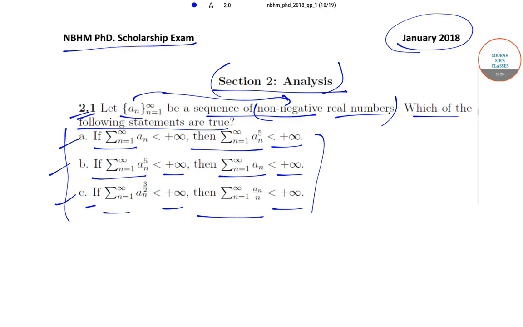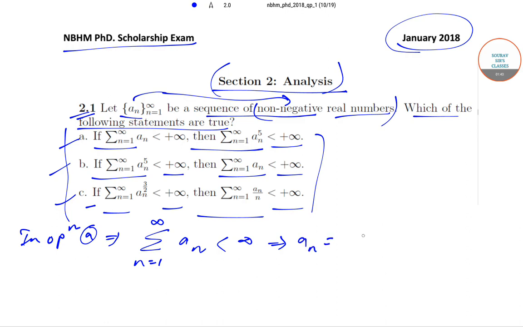Now in option A, we have been given that the summation of a_n where n goes from 1 to infinity is less than infinity. So that implies that a_n is equal to big O of 1 by n to the power alpha, where alpha is greater than 1.